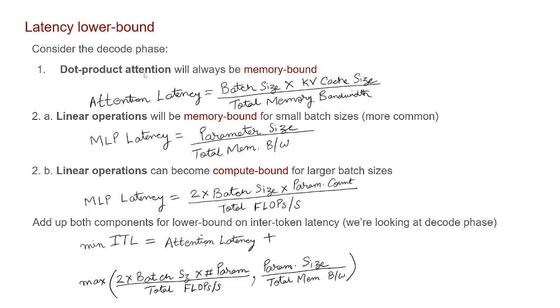So the dot product attention, as we saw, will always be memory bound for decode. So we can get the latency for dot product attention as how much data we move from HBM to the shared memory or the execution units of the GPU, divided by the total memory bandwidth.